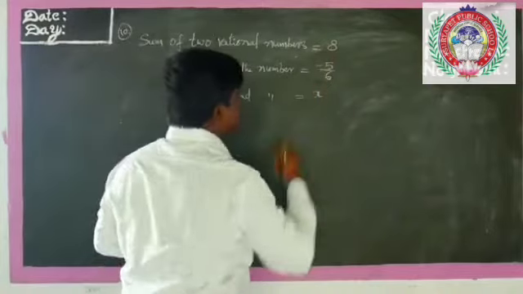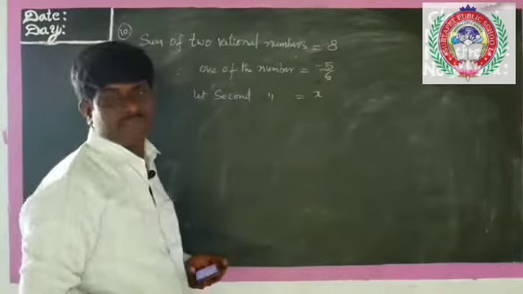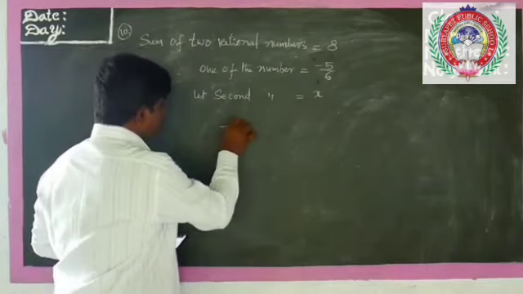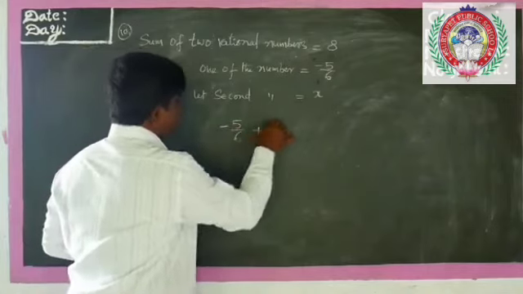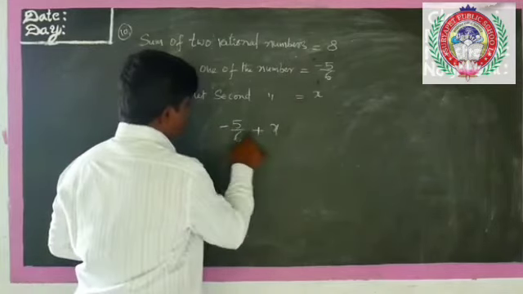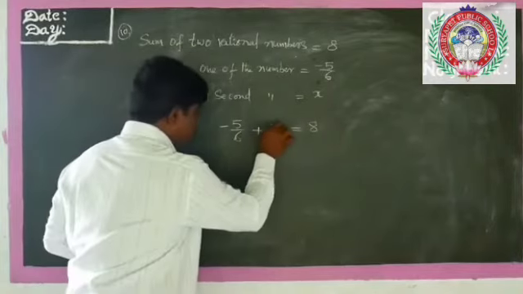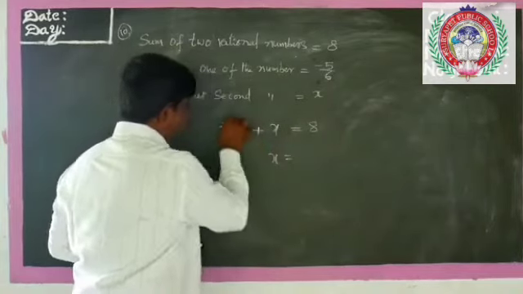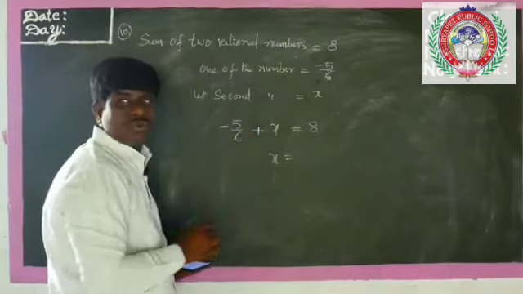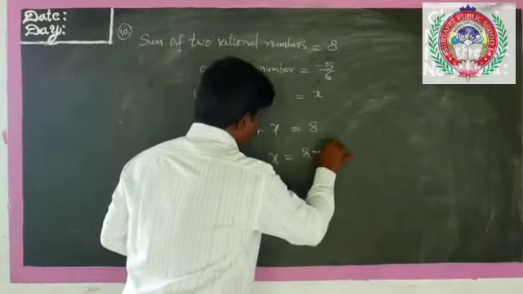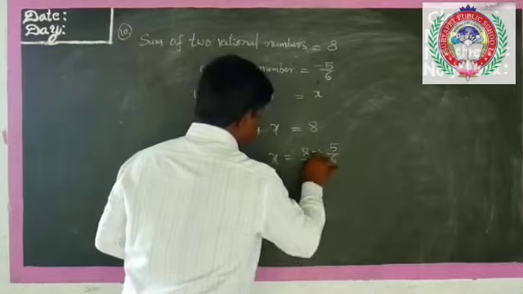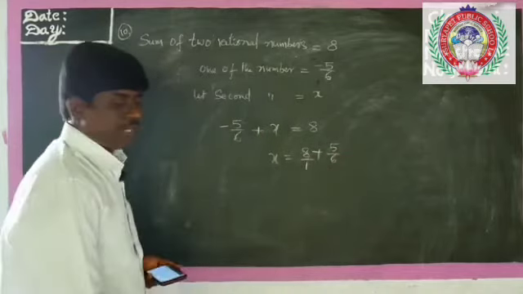How can we express this in equation form? That is important. The first number is minus 5 by 6 plus the second one is x. Now the sum of these two is equal to 8. So we need to find the second number. Transpose minus 5 by 6 to RHS. Then we will get plus 5 by 6. So 8 can be written as 8 by 1.